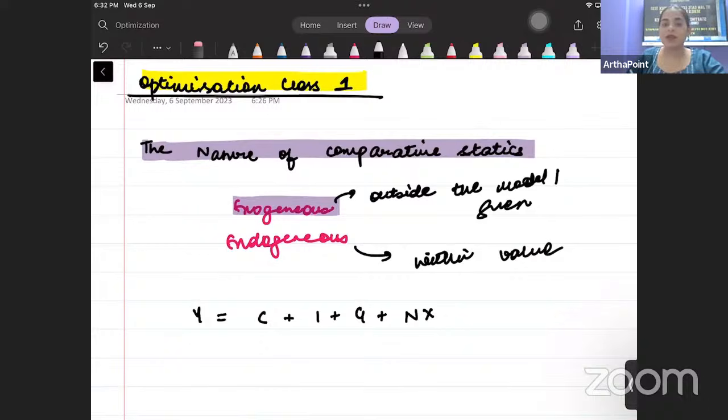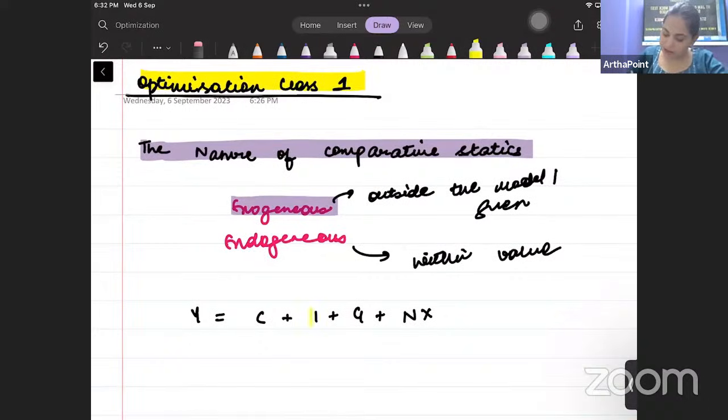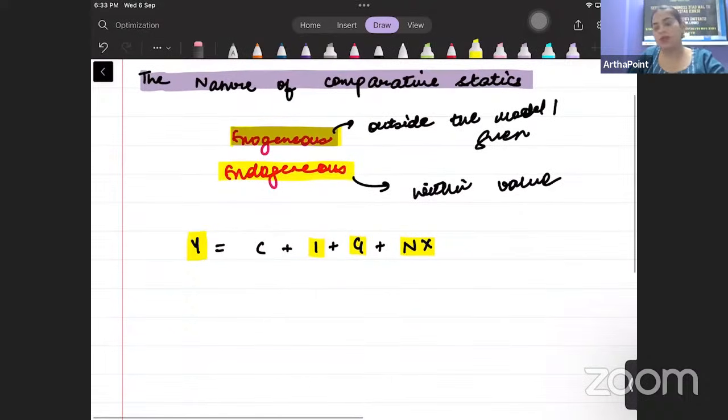ठीक है बेटा? तो इसमें ये जितने भी वेरिएबल्स है ना, I, G, NX, इनकी वैल्यू आपको दी होती है. You're given these values. So if you're given these values, they are called exogenous variables. And you have to find the value of Y. That is an endogenous variable. So what is determined within the model?